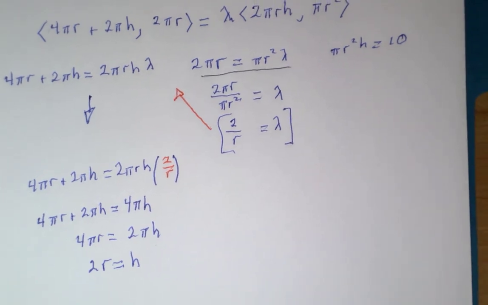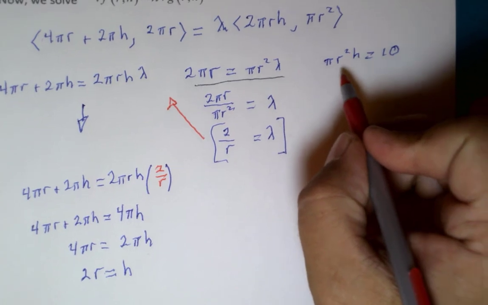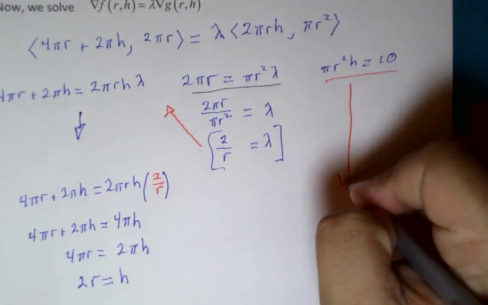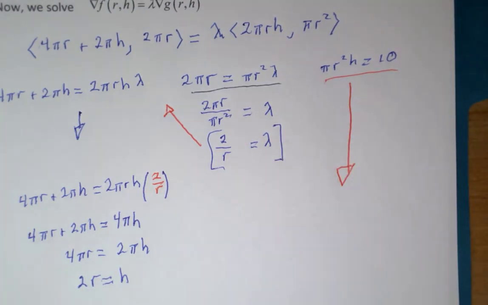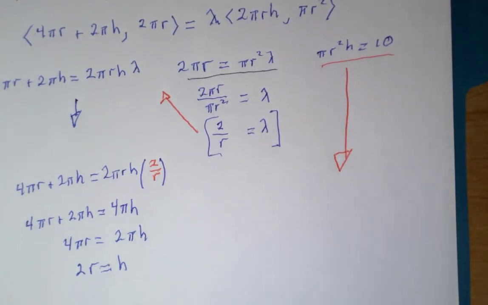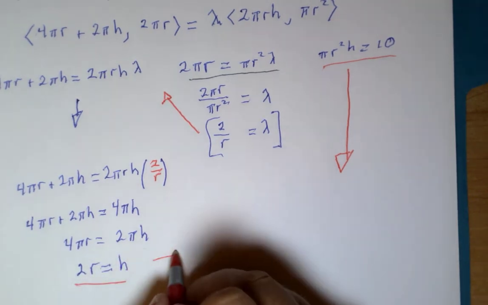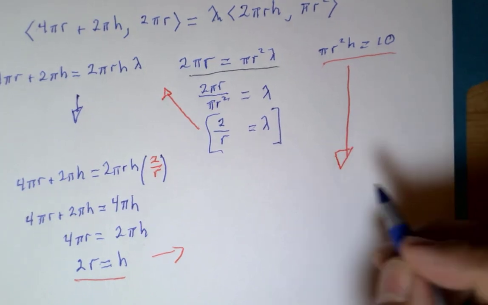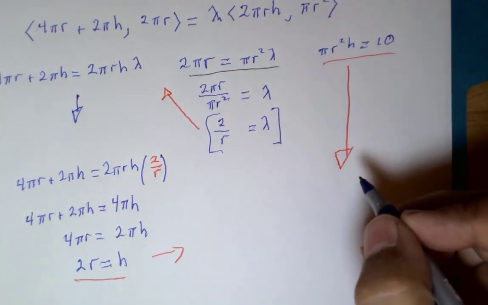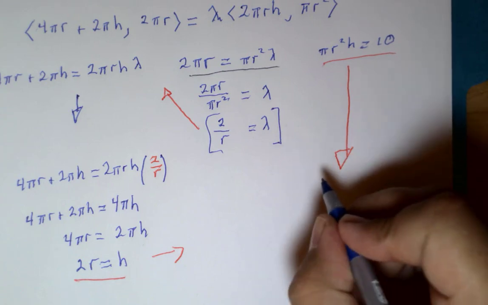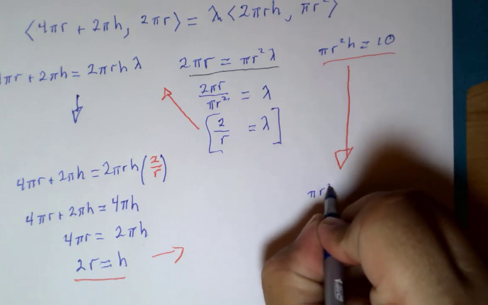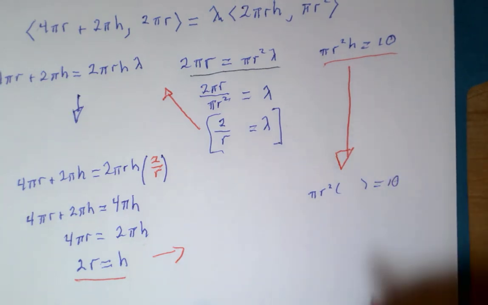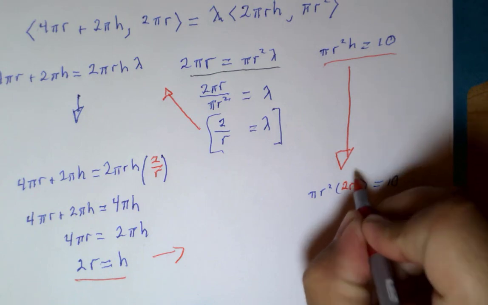Remember, I said that there were three equations to work with, and let me slide this here. Our third equation now comes into play. And we'll take this piece of information and use it as well. So, h is 2r. So pi r squared h is 10, but I just discovered that h is equal to 2r.